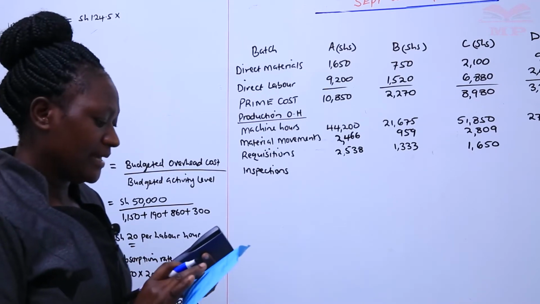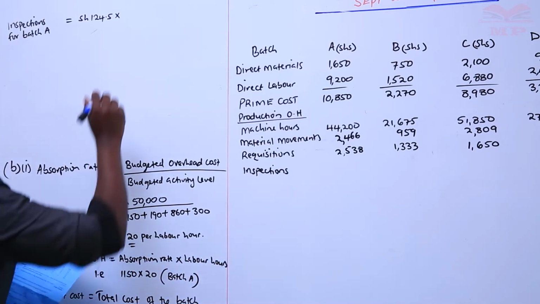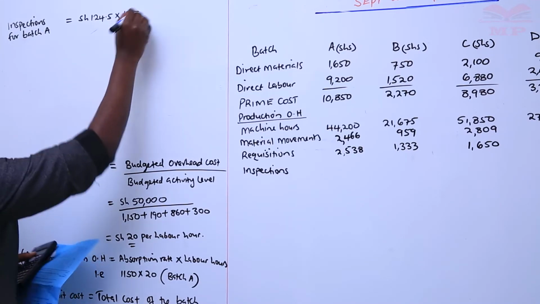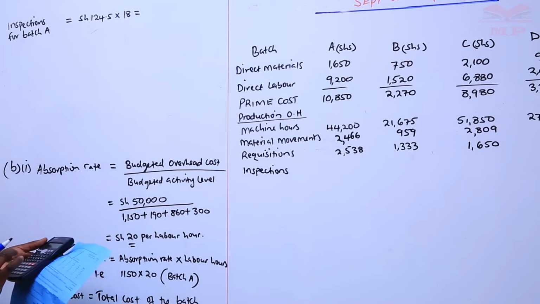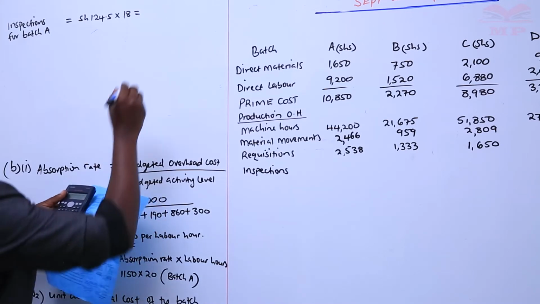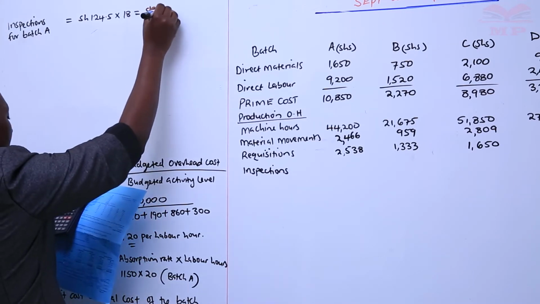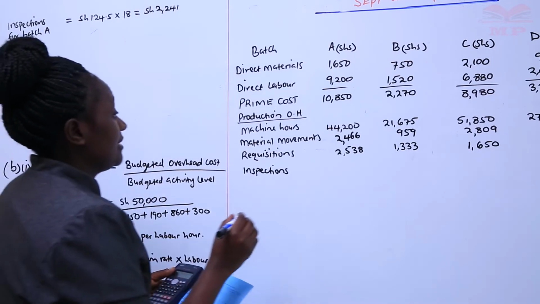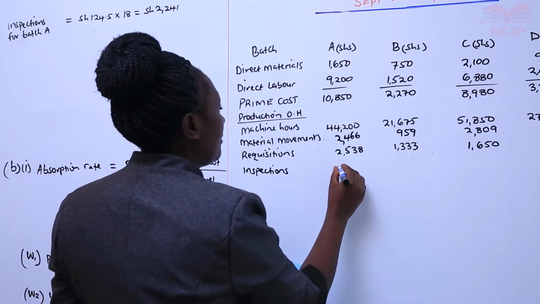For batch A it is 18, so you simply multiply by 18. When you calculate that, you will get 2,241. So this is what you bring here.